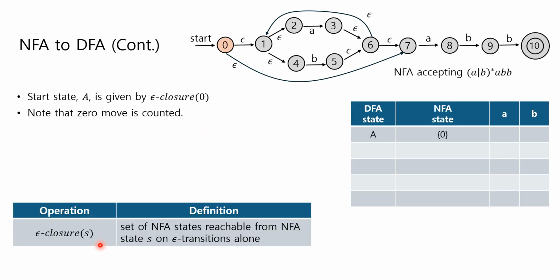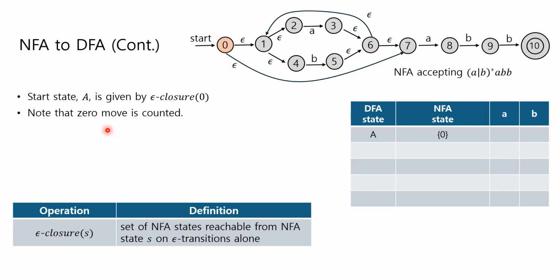The epsilon closure of s is defined as the set of NFA states reachable from NFA state s on epsilon transitions alone. For example, state 1 is reachable from state 0 on epsilon transition, so we can add state 1 to the result set of epsilon closure of 0. And 0 is the s in this case.